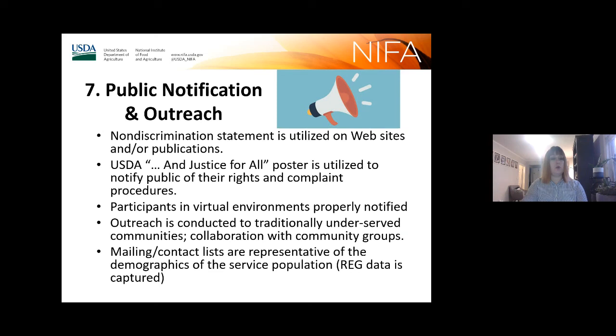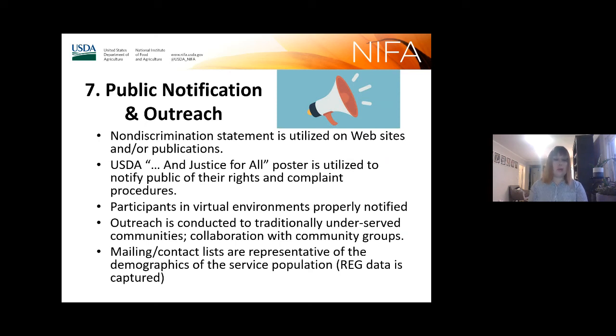And I'm going to ask you, how are you notifying participants in virtual environments, using the non-discrimination statement or an electronic version of the poster, whichever works best for you. And then the outreach component, which goes hand in hand with looking at your program participants or your graduate student enrollment, things like that.